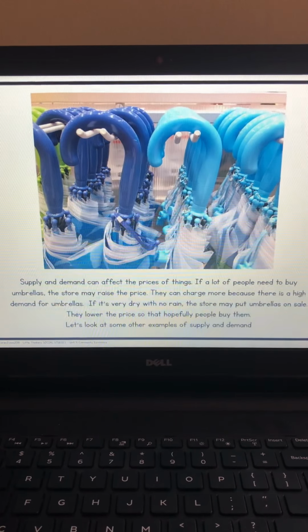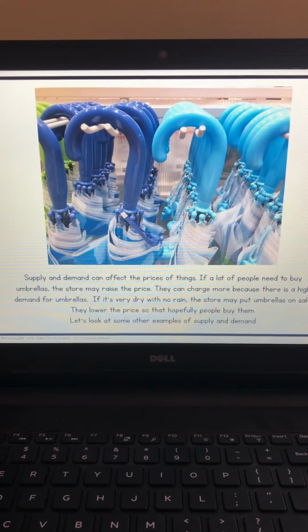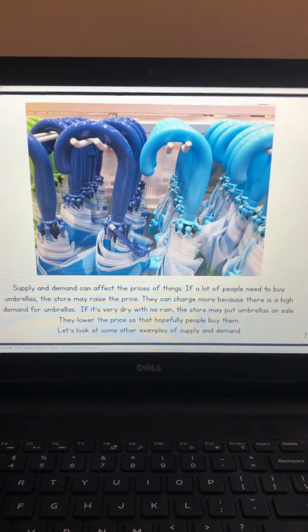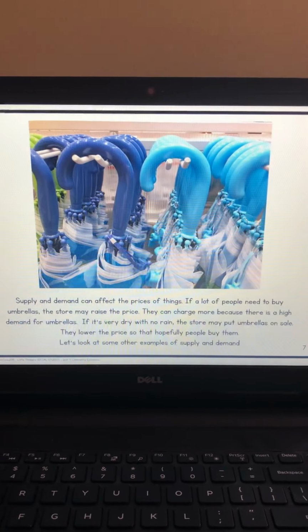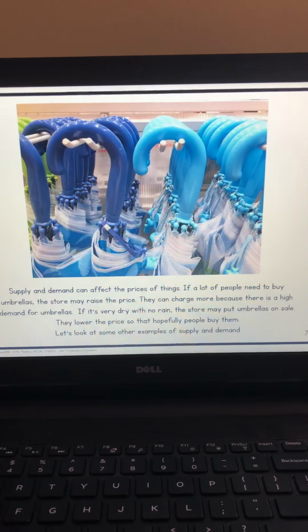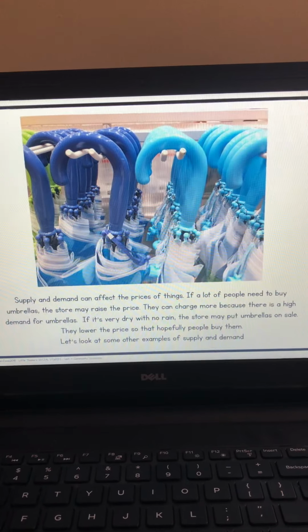Going back to this umbrella example, a lot of people wanted to buy the umbrellas, so the store might make the umbrellas more expensive because people really want them. It's also why when new phones come out, they're pretty expensive because a lot of people want the new phone.